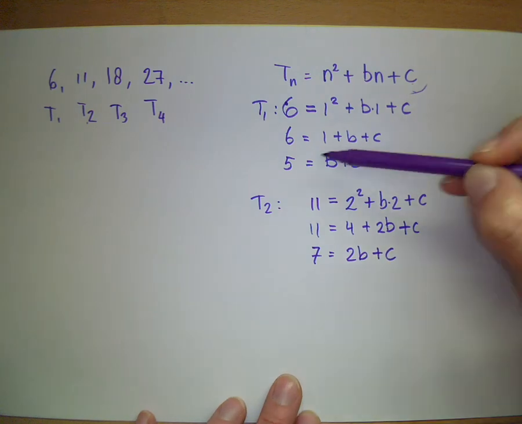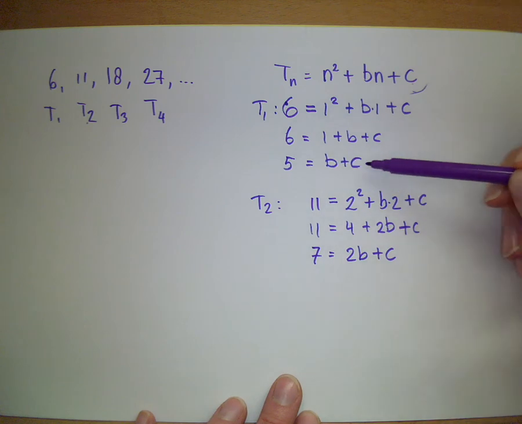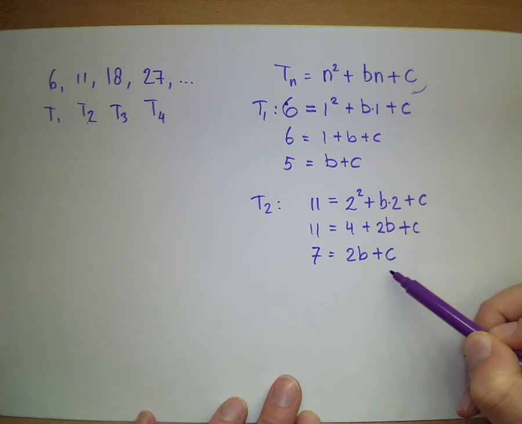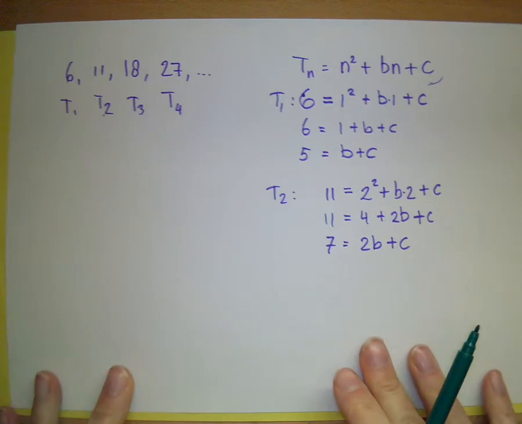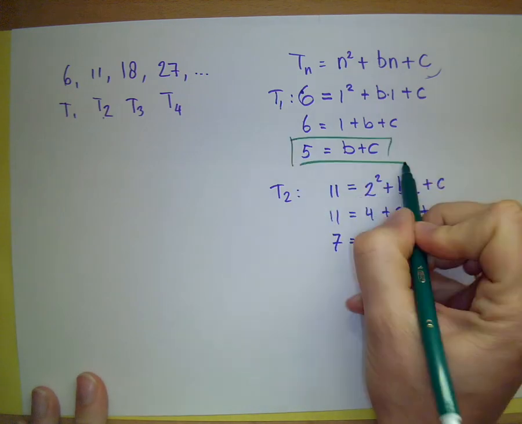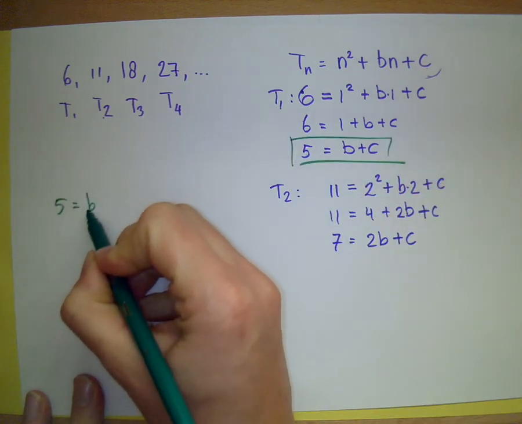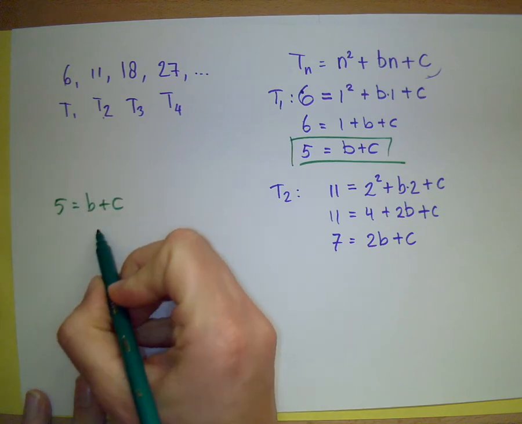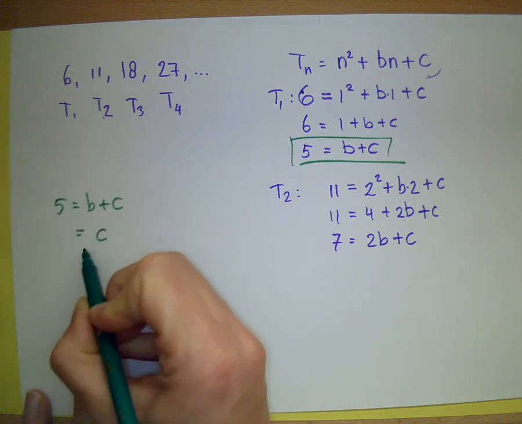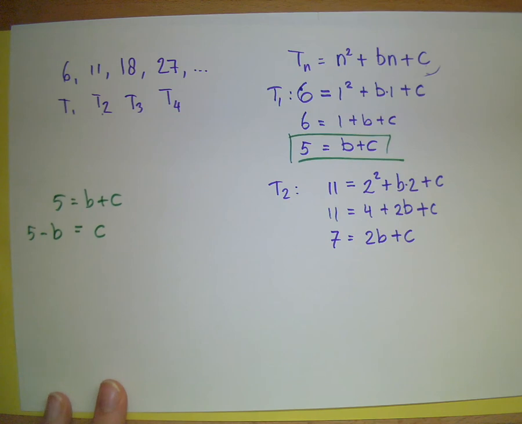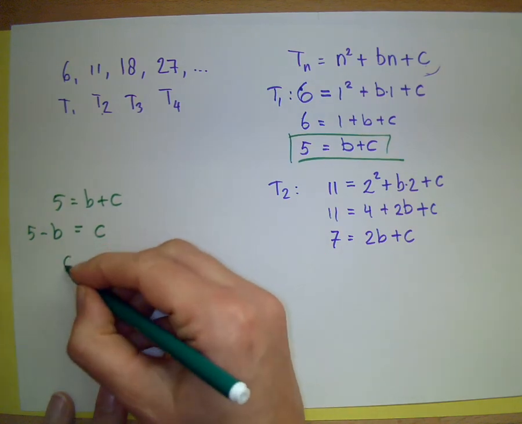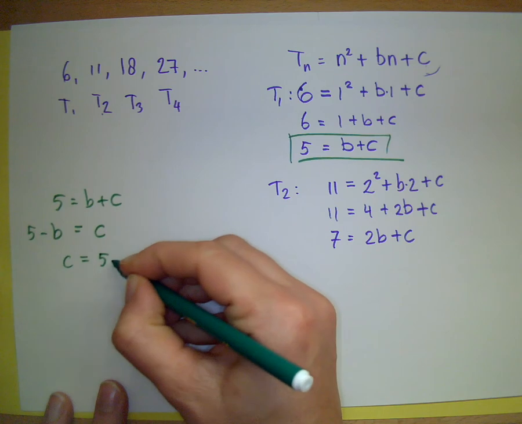We could change this into an expression that has c as its subject, so that we can then plug that in for the c down here. Let's do that. I'll just rewrite my 2 expressions that I found. Here I have 5 equals b plus c. I'm changing that so that c is the subject of the expression. I'm switching that around because I like c in front there.